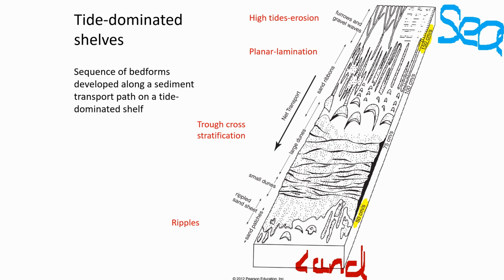So at high tide, the structure will be dominated by ripples and laminations, while gradually transitioning from high tide level to low tide level, the structures will change into small dunes, large dunes, and sand ridges deposit.